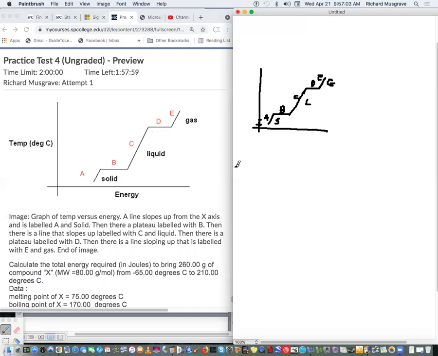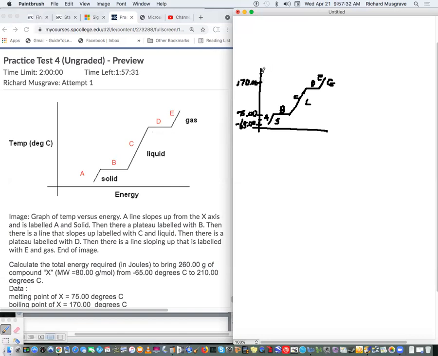So the bottom value here is minus 65. The melting point is the first flat bit, and that's 75.00 degrees. The boiling point is the next flat bit, which is 170.00 degrees.